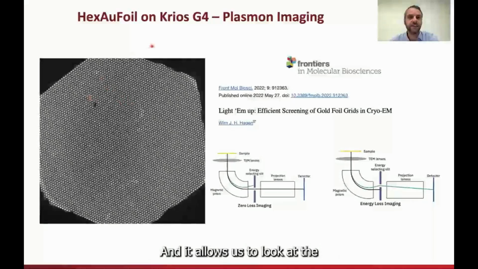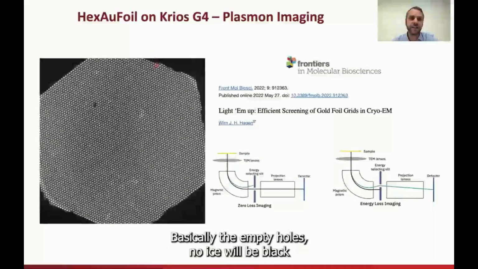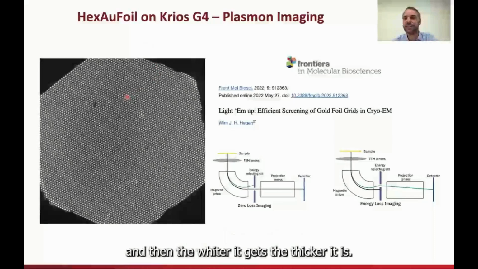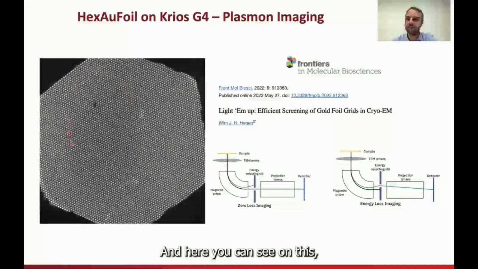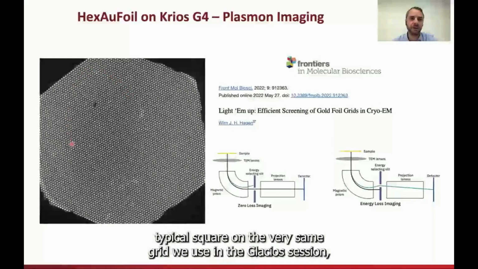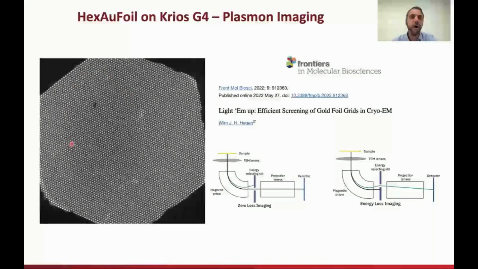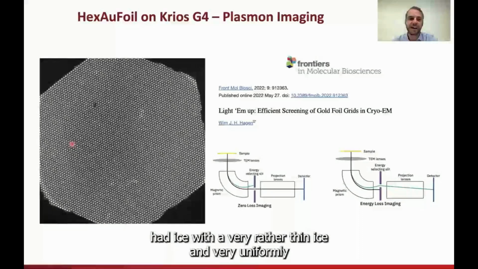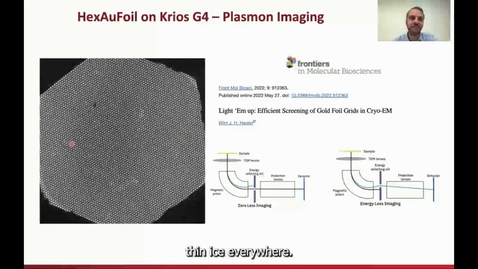It allows us to look at the ice thickness very carefully. The empty holes, no ice, will be black, and the whiter it gets, the thicker it is. Here you can see a typical square on the very same grid we used in the Glacios session, and all the holes had rather thin, very uniformly thin ice everywhere.